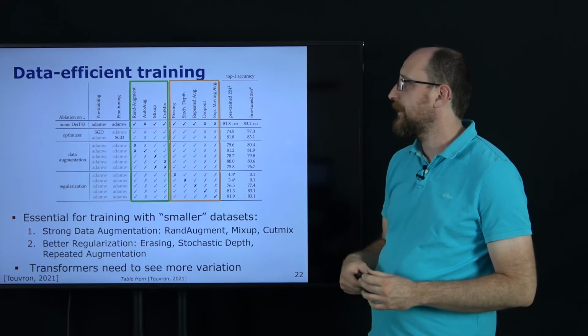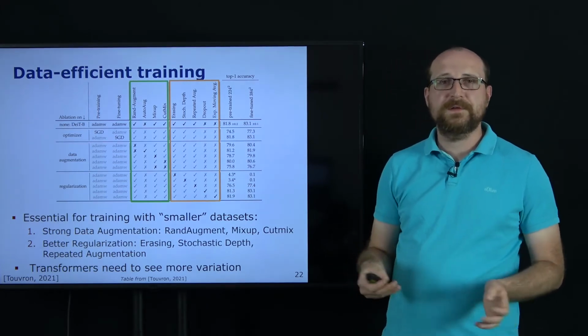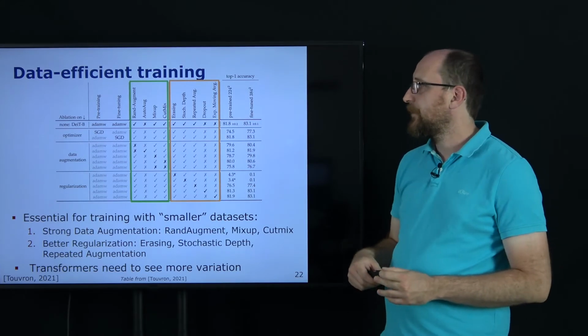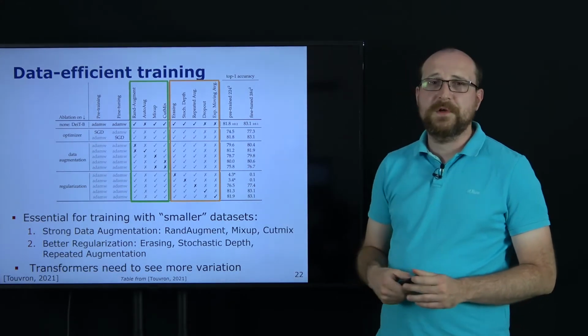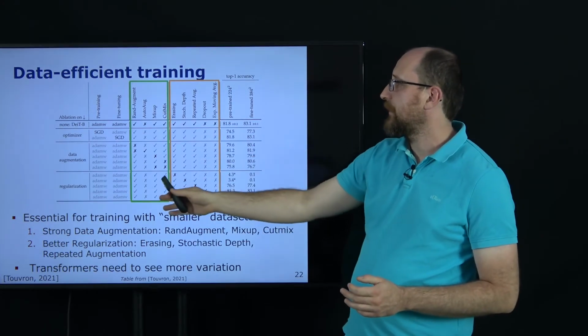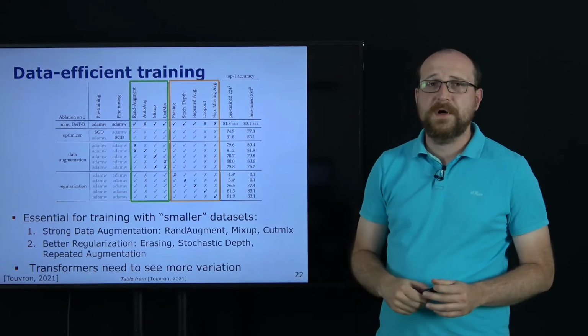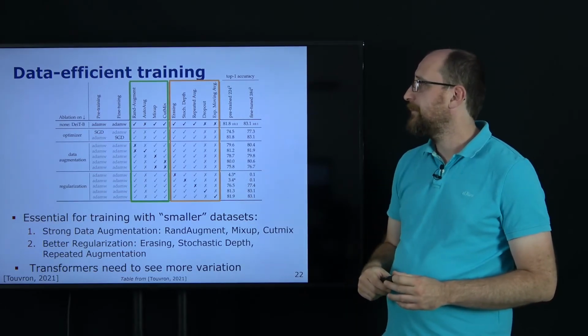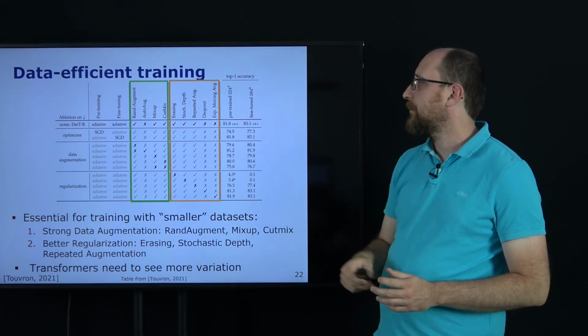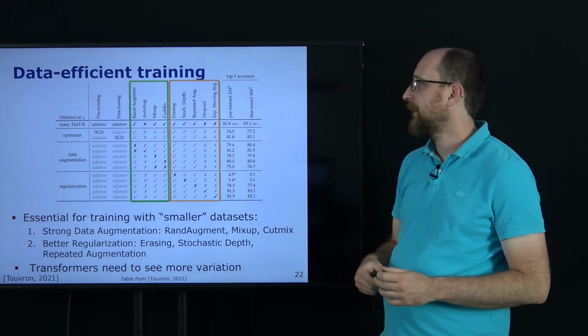The insight here was that because the transformer has less inductive bias, we have to do more data augmentation. Using more data augmentation, the parts here in green, and more regularization, the part in yellow, we can get very good performance also with just using ImageNet as pre-training dataset.